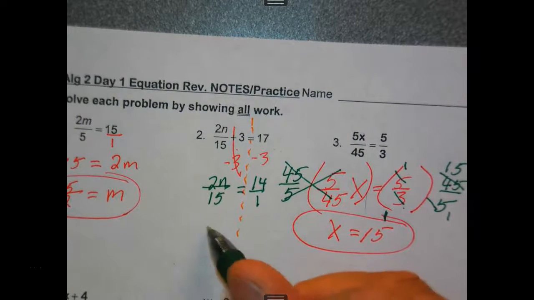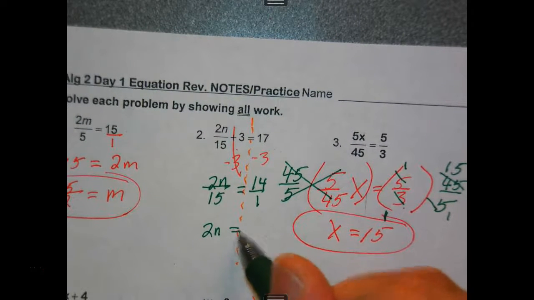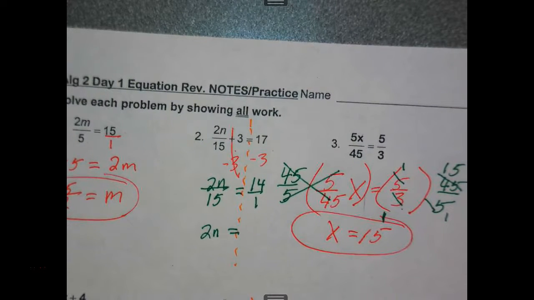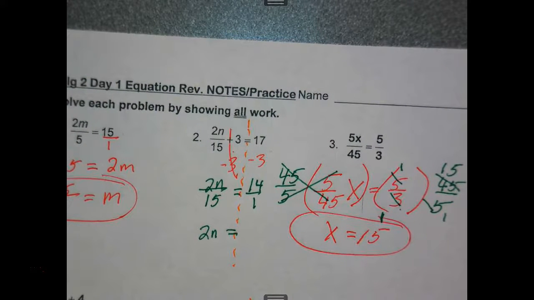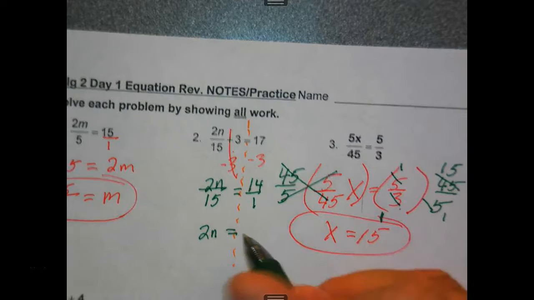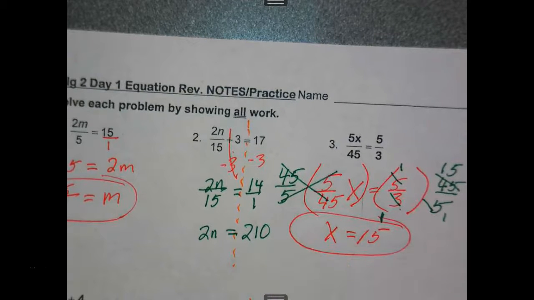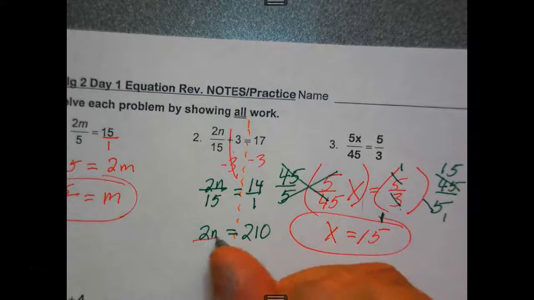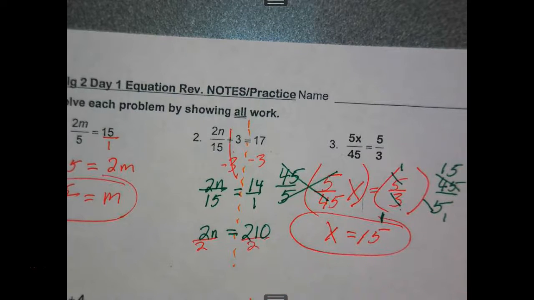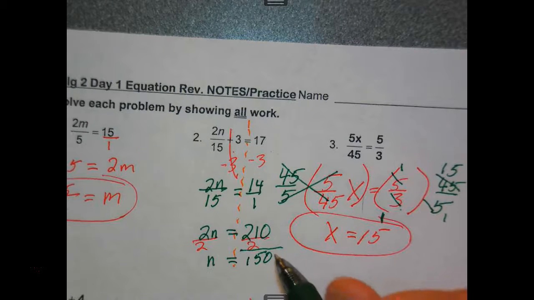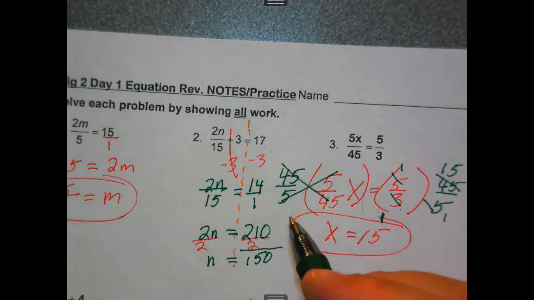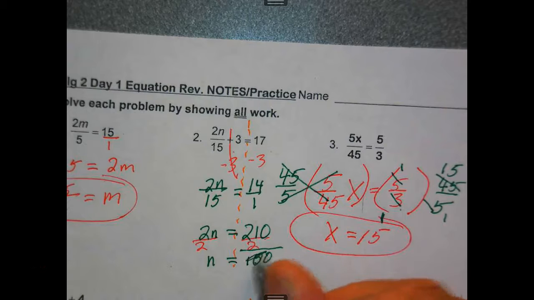So I get 2n equals 14 times 15. It's going to be 210. And divide both sides by 2. So n is going to equal 150. No. What is it? 105. That sounds much better.